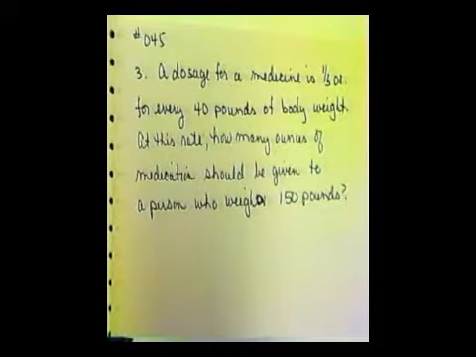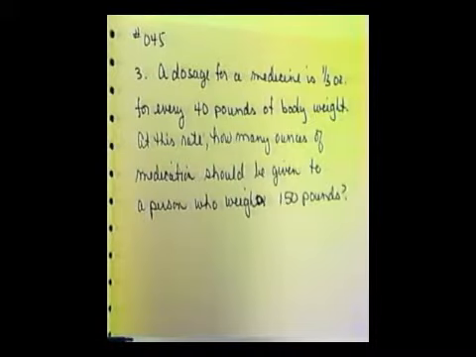Our third example is a dosage for a medicine is 1/3 ounce for every 40 pounds of body weight. At this rate, how many ounces of medication should be given to a person who weighs 150 pounds? Now this is a good problem because we want to make sure that we get the right amount of medicine.